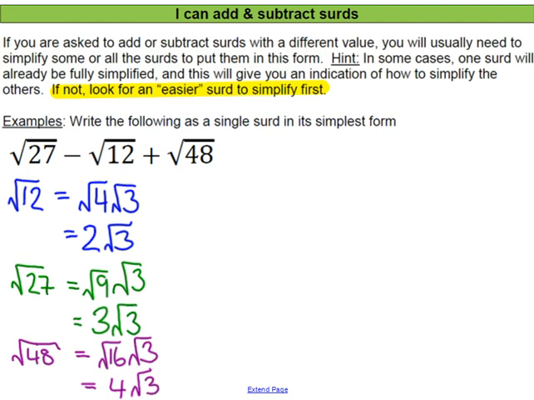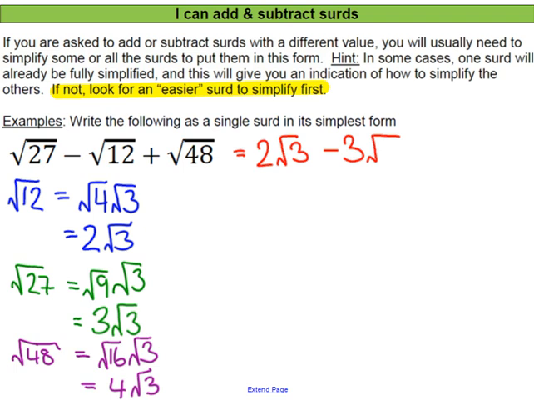So now I have the square root of 27, take away the square root of 12, add on the square root of 48. I have those written with the same surd involved in all of them. So I rewrite that as being equal to, oops, I've made a mistake here.